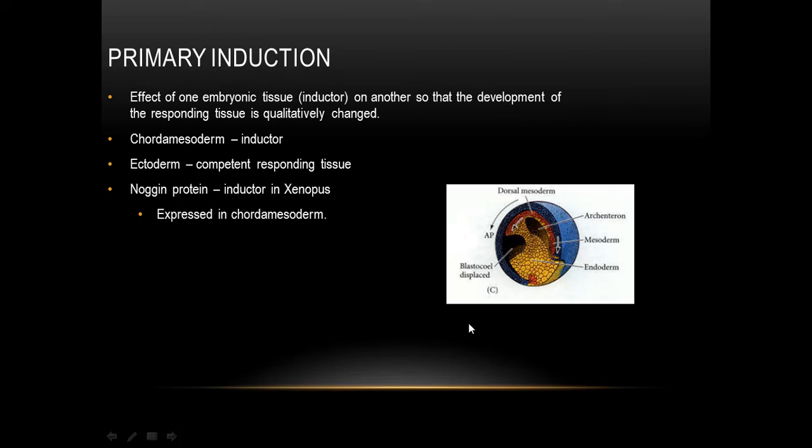As an inductor tissue, the chorda mesoderm is shown to produce an inductive signal. For many years, the inductive signal has been investigated. A few experiments have been conducted to determine the nature of the inductive signal.